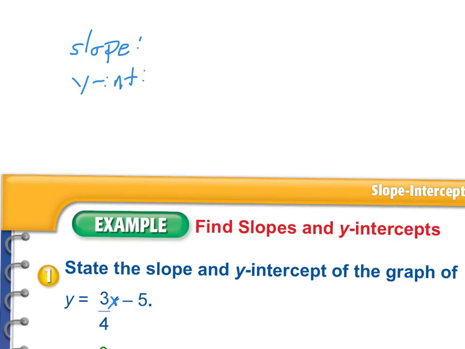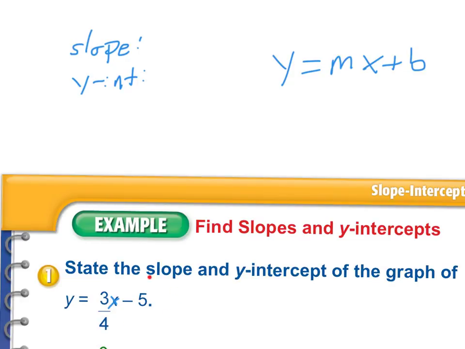All right, so where's the slope going to be? Well, it's y equals mx plus b. Does everybody see how this is in that form? You see how the y is by itself? Then we've got a number times x, and then plus the b, plus the y-intercept.